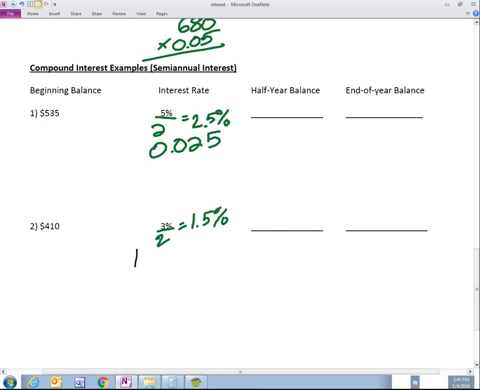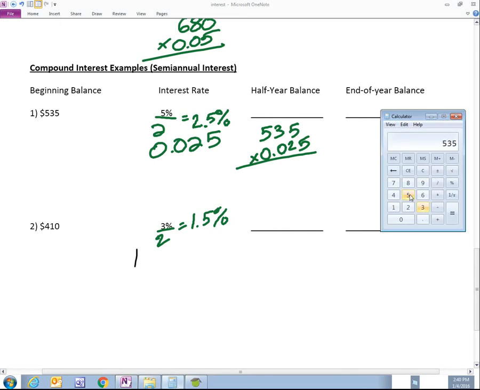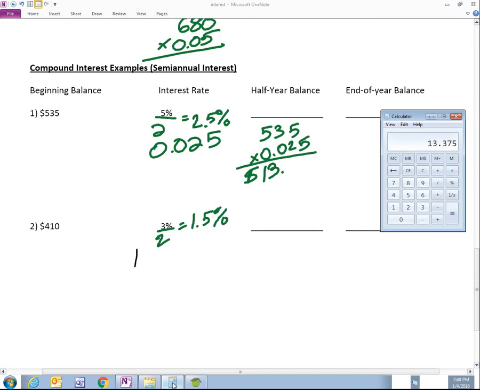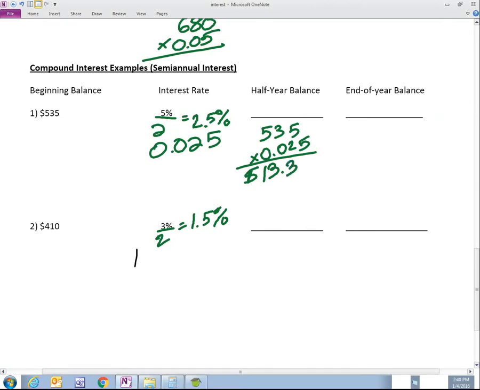So for our half-year balance, we're going to have to multiply 535 by 0.025, because that's how you move the decimal over when you divide by 100. 535 multiplied by 0.025 is $13.375, right? $13.38. Good, because unless we're in fantasy land selling fuel, we don't go to the third decimal point.